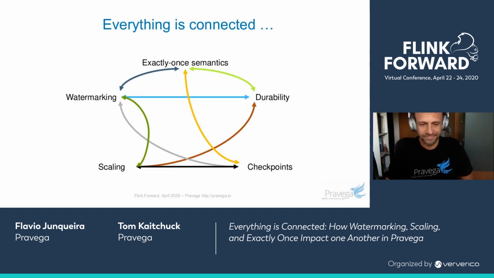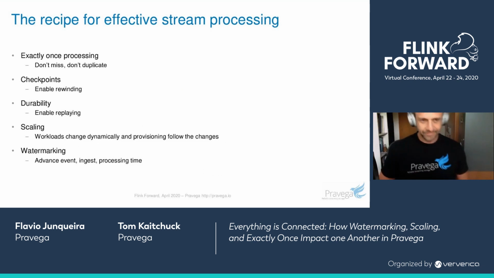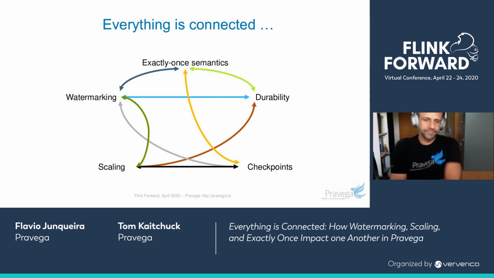Thank you, Flavio. So if you look back at that list, almost all these requirements are sort of essential not just for Pravega, but for any connector that's going to offer streaming data into Flink. And if you were to try and graph a dependency graph of how these things affect one another, or how designing to solve problems for one of these will impact the other, you'd end up with this.